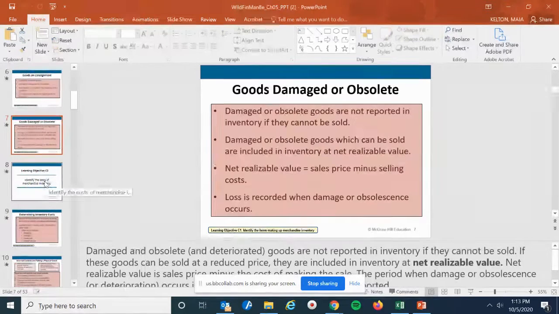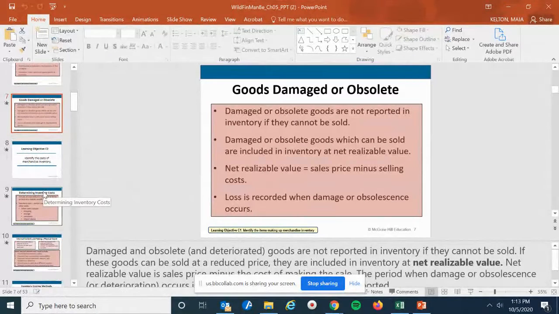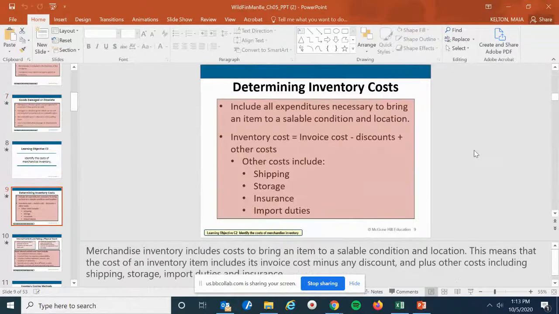So let's look at what we do to determine the inventory costs. In the first several slides, we were trying to determine what product is included in inventory. Now we'll look at the dollar value of inventory and what becomes a part of inventory.